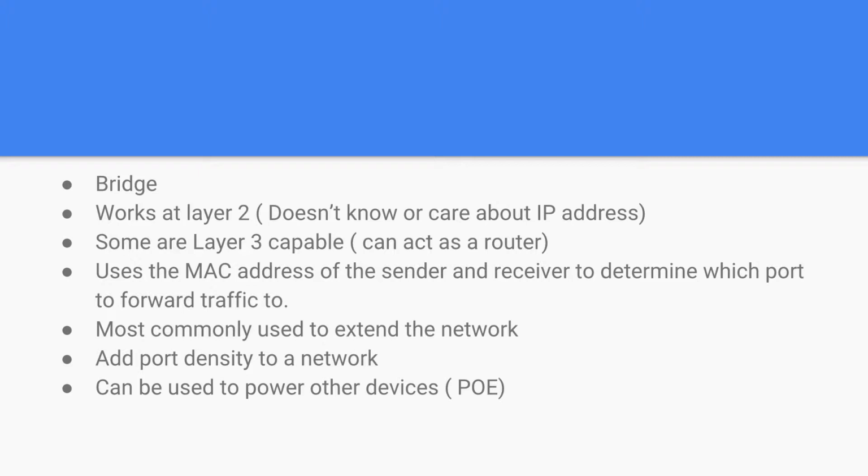That way they extend the network. One other thing I should mention is switches can also be used to power other devices. There is a protocol out there called Power over Ethernet, and it is commonly used to power devices such as cameras. The more common usage you would tend to see would be to power wireless access points.